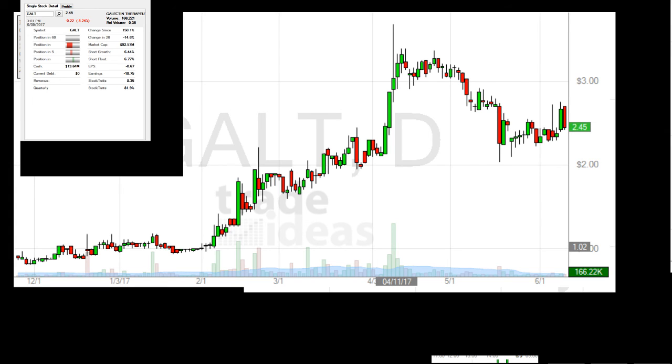I believe it will retest $3 over a long period, over the next month or so, at least 2 to 3 weeks till you get over that 2.55, 2.60 to 2.80 mark, into $3.